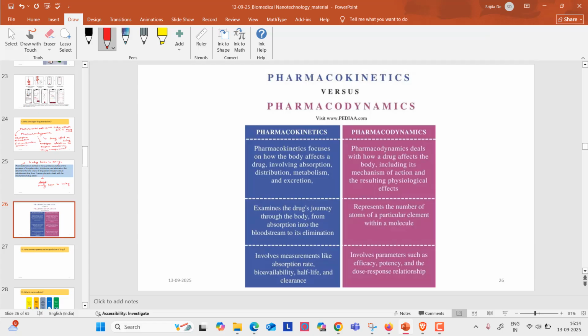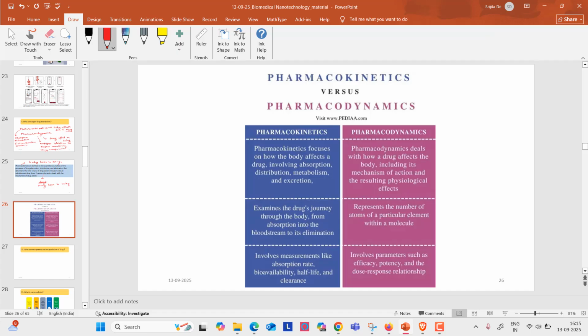If you see the difference here, pharmacokinetics focuses on how the body affects the drug, involving absorption, distribution, metabolism, and excretion. Pharmacodynamics deals with how a drug affects the body, including its mechanism of action and the resulting physiological effects.